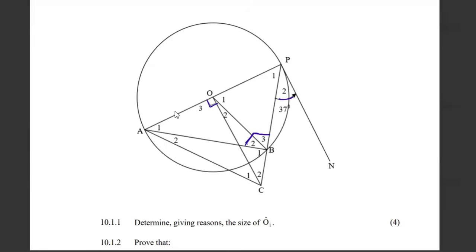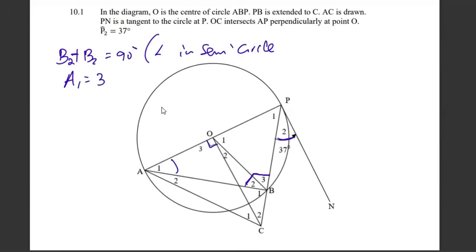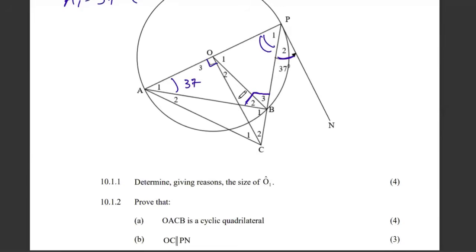And if this is a 37, meaning that A1 must also be a 37. So start by telling us that B2 plus B3 gives us a 90, angle in a semicircle. But A1 is going to be a 37 because of the tan chord theorem. And if that is a 37, for us to get the B, what does the question want? They want O1.